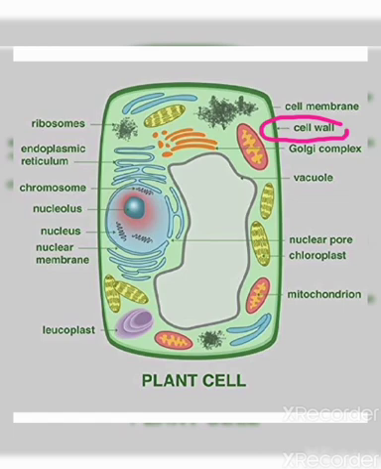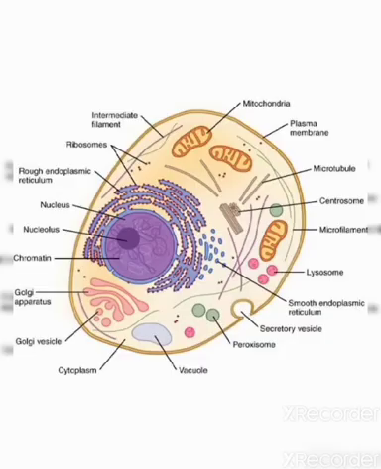The cell wall is freely permeable, meaning that any substance in solution can enter and leave the cell through this layer. Any substances can come inside or go outside through the cell wall. So we got the information about the first essential part, that is the cell membrane.